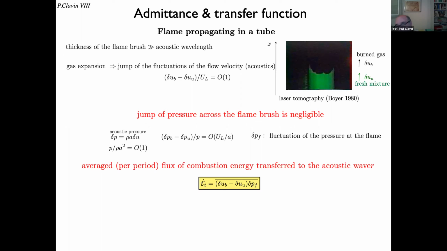Let's oscillate this wall, and call delta U the fluctuation of the wall. So it is clear that the acoustic energy is delta U times delta P.